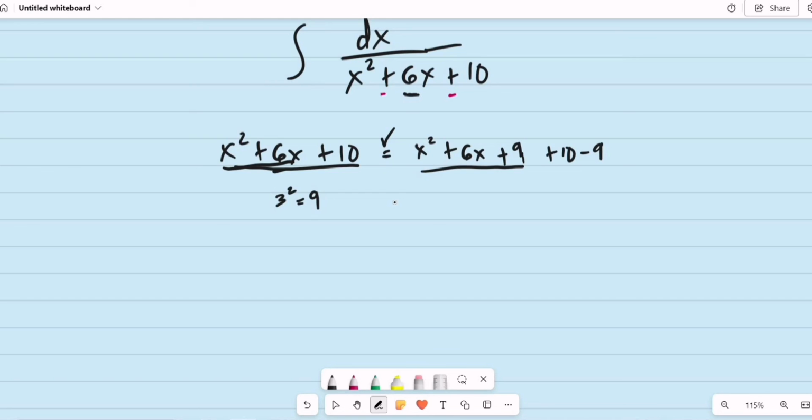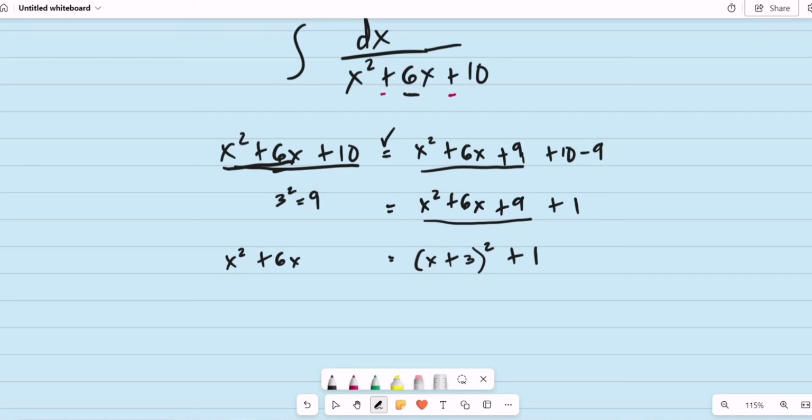So that is x squared plus 6x plus 9, then 10 minus 9 is simply 1. Then we factor this square: x plus, half of 6 which is 3, quantity squared, plus 1. Take note that x squared plus 6x plus 10 is still similar to this expression.